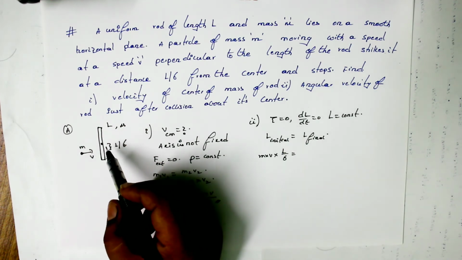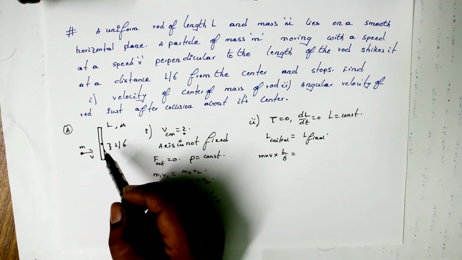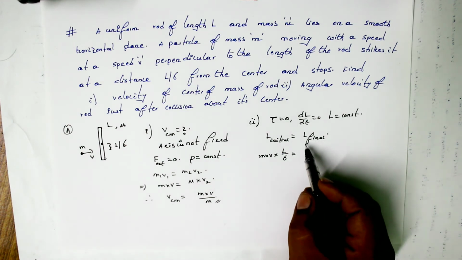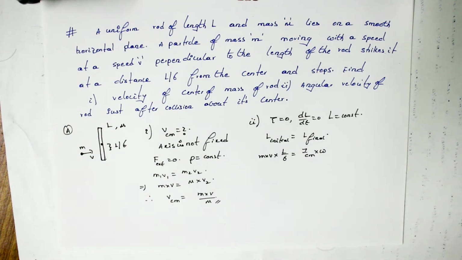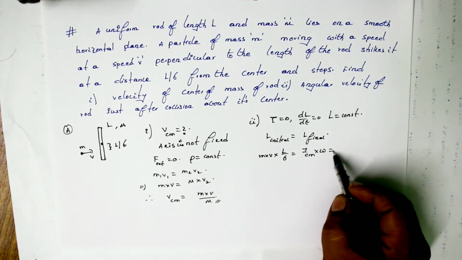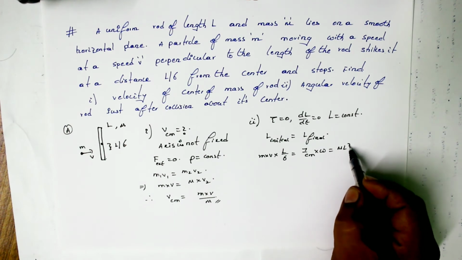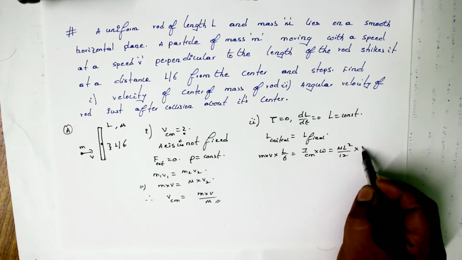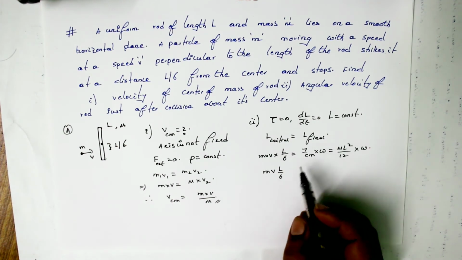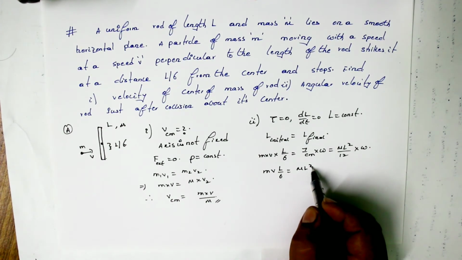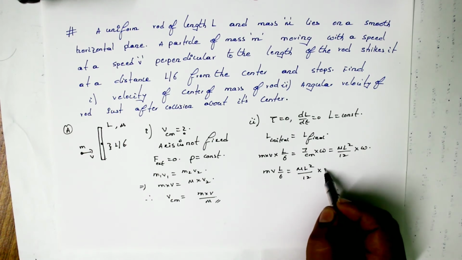Around its center of mass it rotates with an angular velocity of omega. So angular momentum about the center can be written as I center of mass into omega. I center of mass of a rod, we know, is ML square divided by 12, multiplied by omega. Therefore m v L by 6 is equal to M L square divided by 12 into omega.